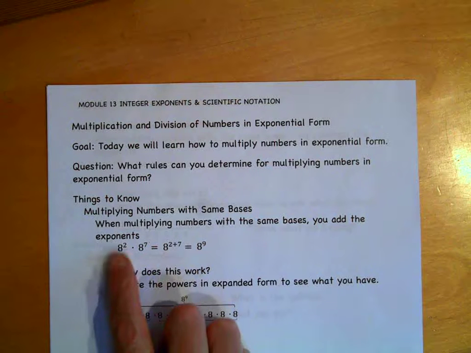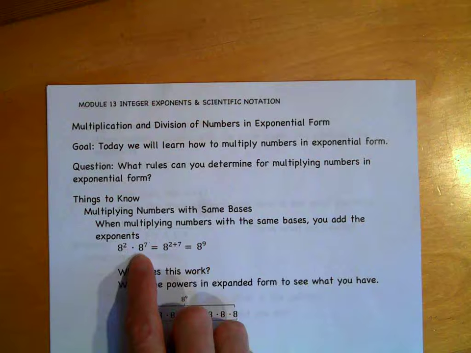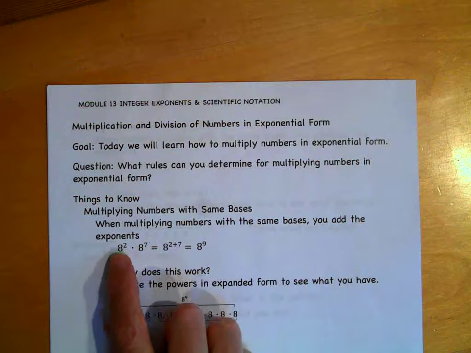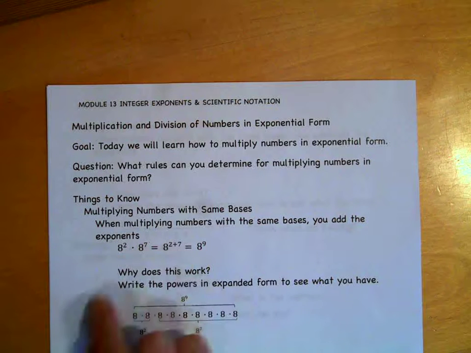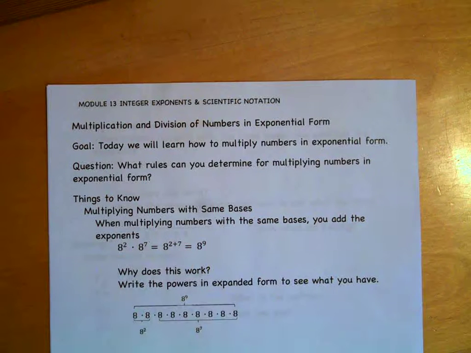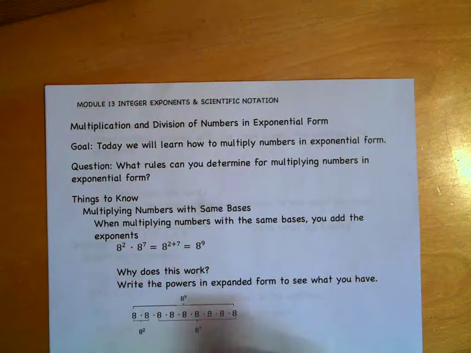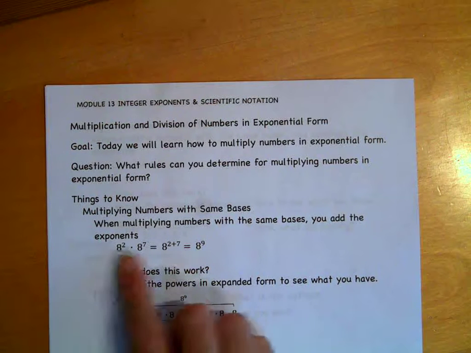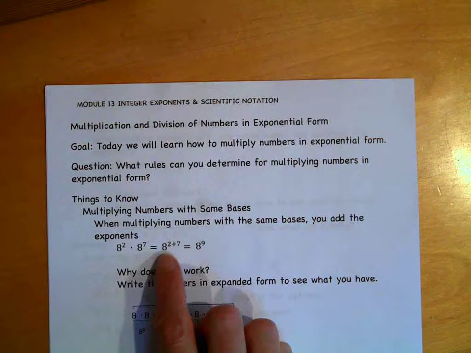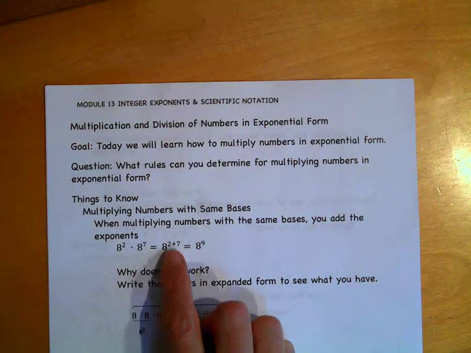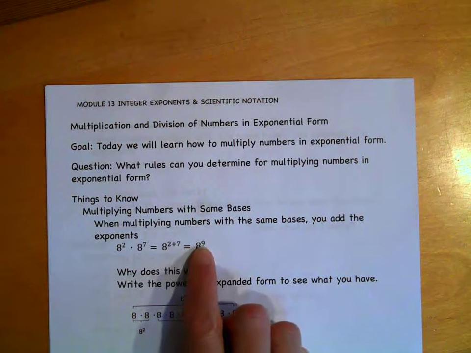So for example, if we have 8 squared times 8 to the 7th power, because this is an 8 and this is an 8, then all we have to do when we're multiplying them together is add the exponents. And the way that we prove that this works is by looking at it in expanded form. So 8 to the 2nd power times 8 to the 7th power equals 8 to the 2nd plus 7th, and when you add those, you get 8 to the 9th power.